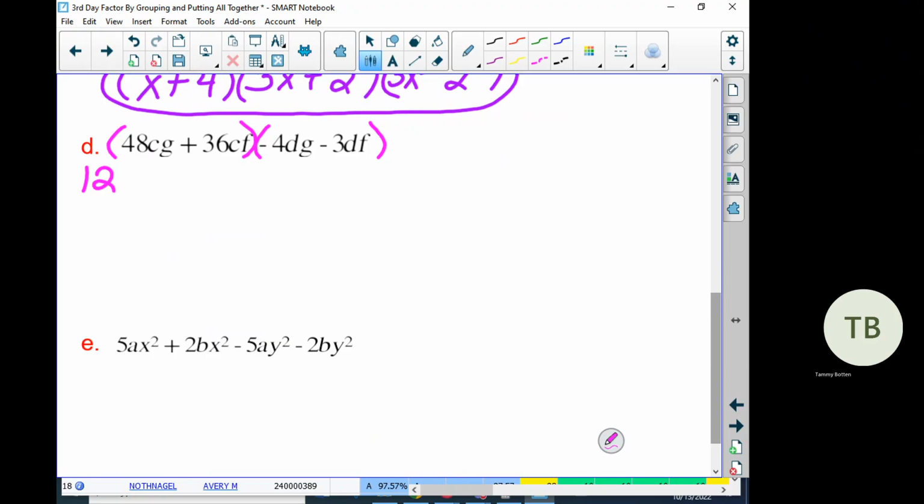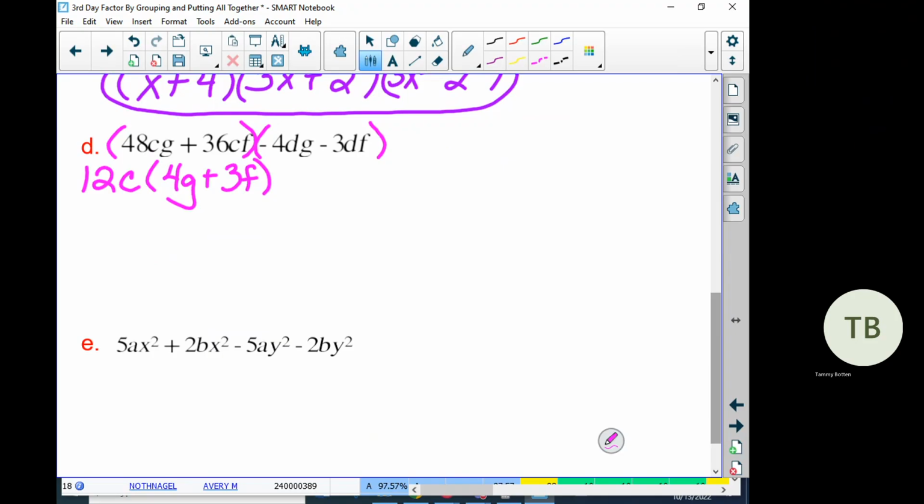But you want to take the biggest one, and 12 goes in there. So then you look at 12 times what gives you 48. Oh, and also, can I take a variable out? What variable is in both of these? A C. So then I think 12C times what gives me that? That would be 4G. And then 12 times what gives me 36? That would be a 3. I already have the C, so then I need that F.